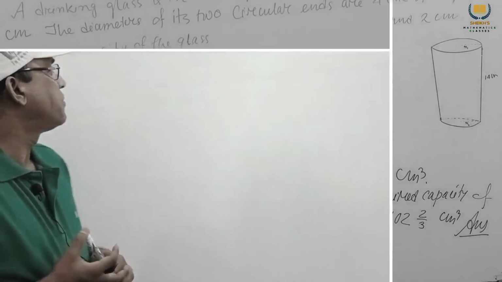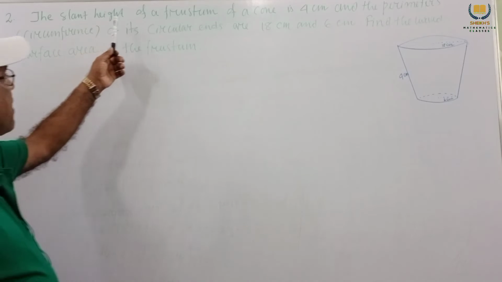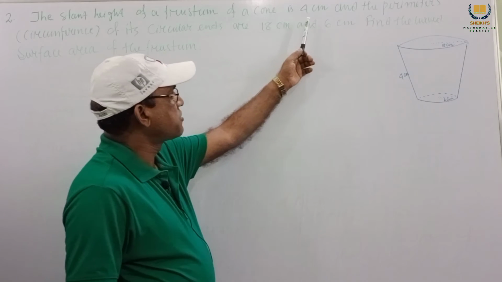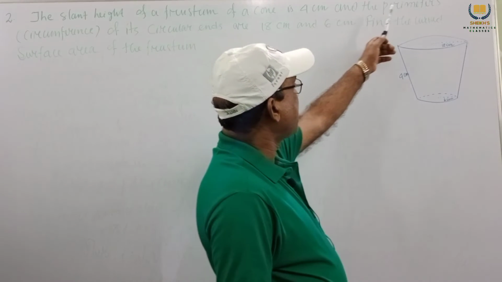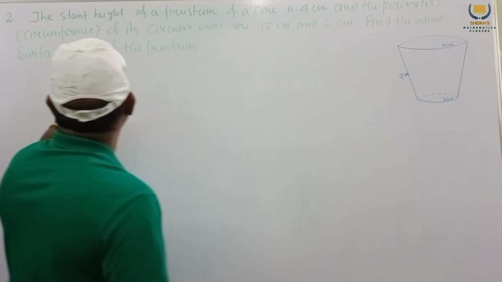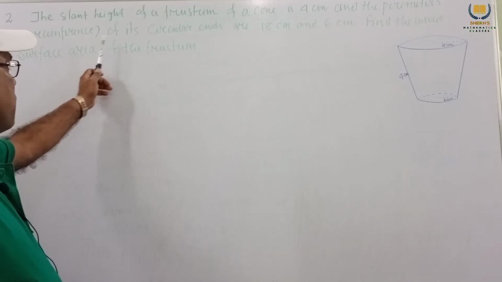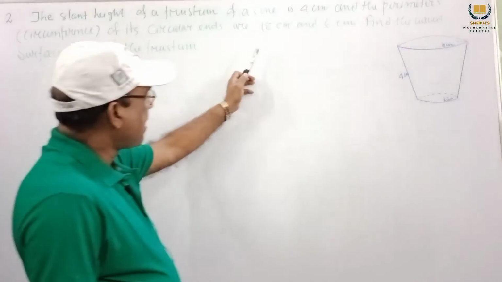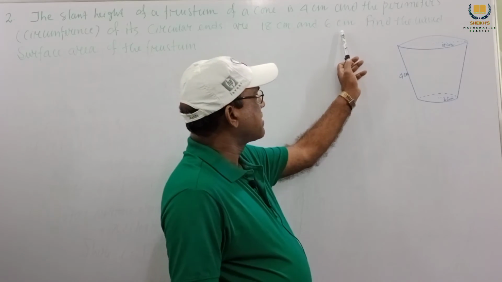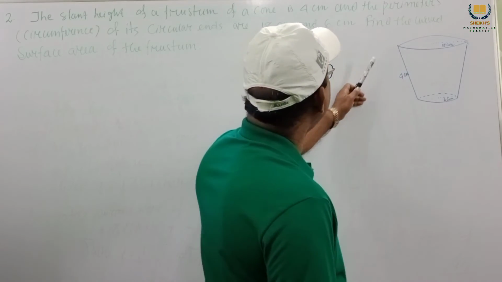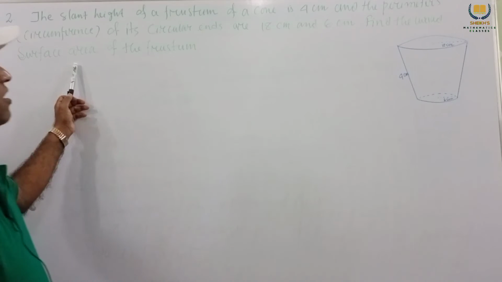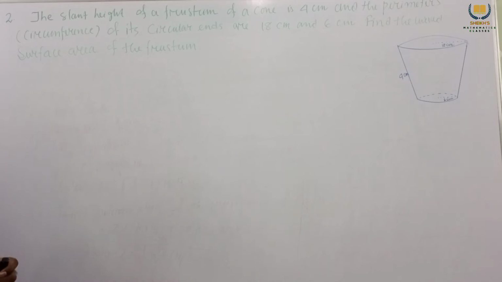Problem number 2. Given the cylinder height of a frustum of a cone is 4 centimeter and the perimeters, that means circumference of its circular ends, are 18 centimeter and 6 centimeter. Find the curved surface area of the frustum. Now what is given?